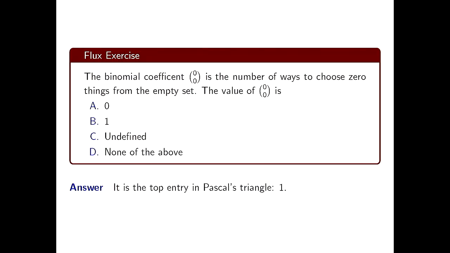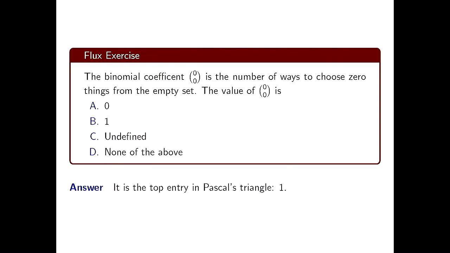That's n factorial divided by r factorial times n minus r factorial, which in this case would be 0 factorial divided by 0 factorial times 0 factorial. And remember, 0 factorial, one of those weird things, turns out to be 1, so that's 1 on 1 times 1, which is 1.